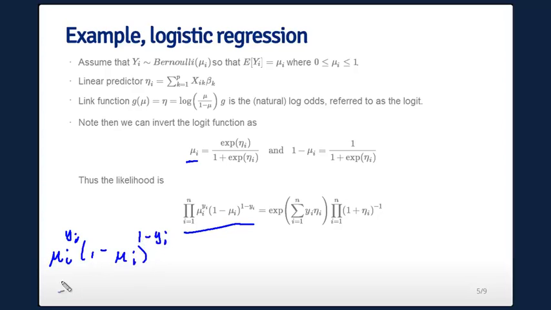And you probably remember it more as pi to the yi times 1 minus pi to the 1 minus yi, but we've just relabeled p as mu. Then we take a product in front of it because there are a bunch of independent observations and the likelihood takes the product.